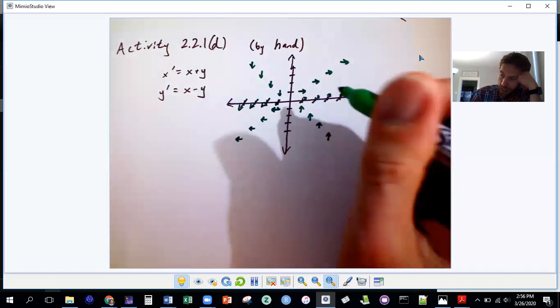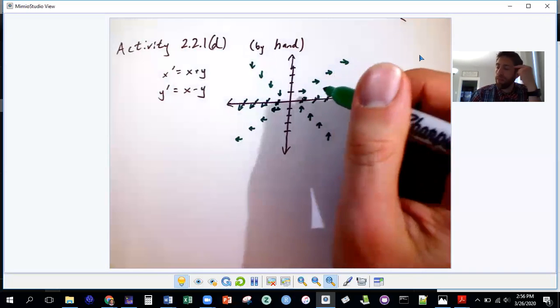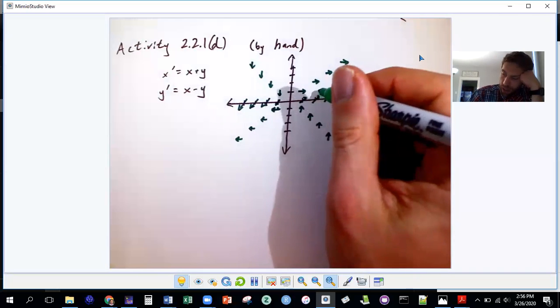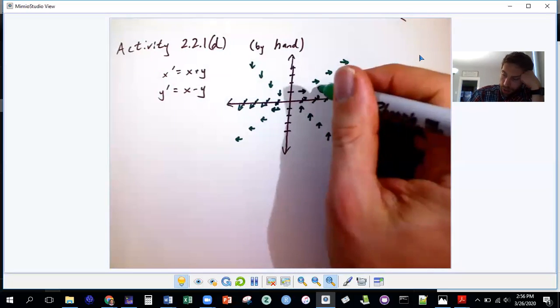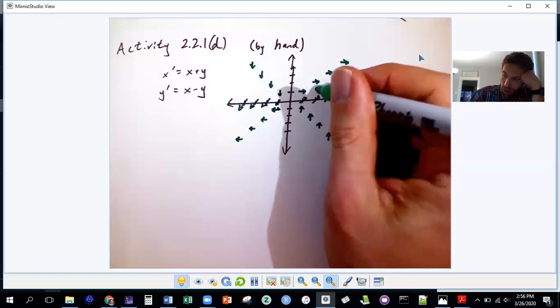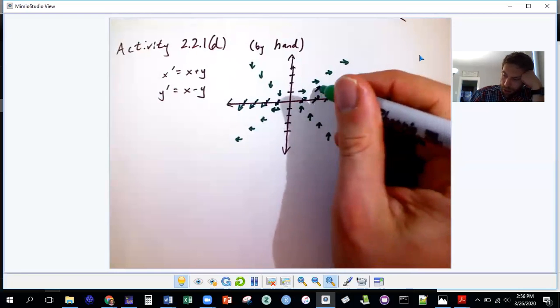Okay, and then here we've got slope is going to kind of be in between, basically. Let's just do this one here. So when x is 2 and y is 1, then x prime is 3, y prime is 1, so the slope is 1/3. That probably should have been a little shallower.